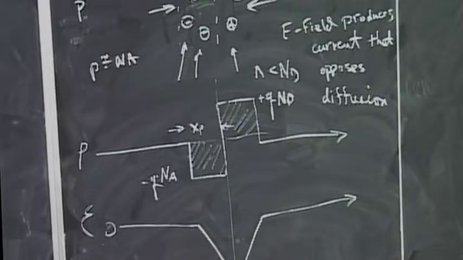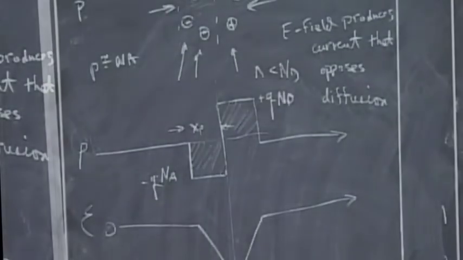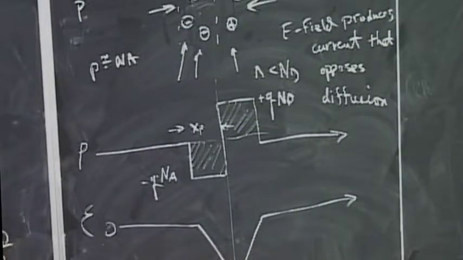There is a net built-in potential, which is the difference between the two magnitudes. It's the sum of the two potentials across the two sides. If we go through this, it's KT over Q times the natural log of N, but N is ND, so I'll just put that in there, over NI, minus a minus, let's see, this is minus, minus a minus, so this is plus, KT over Q times the natural log of ND over NI.